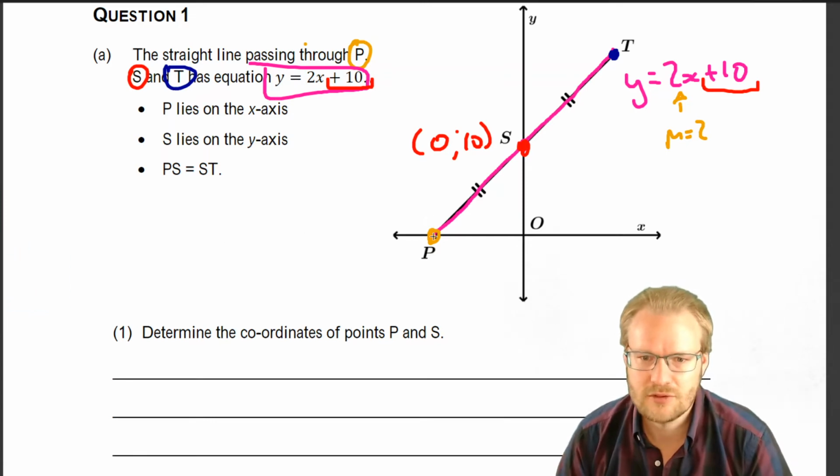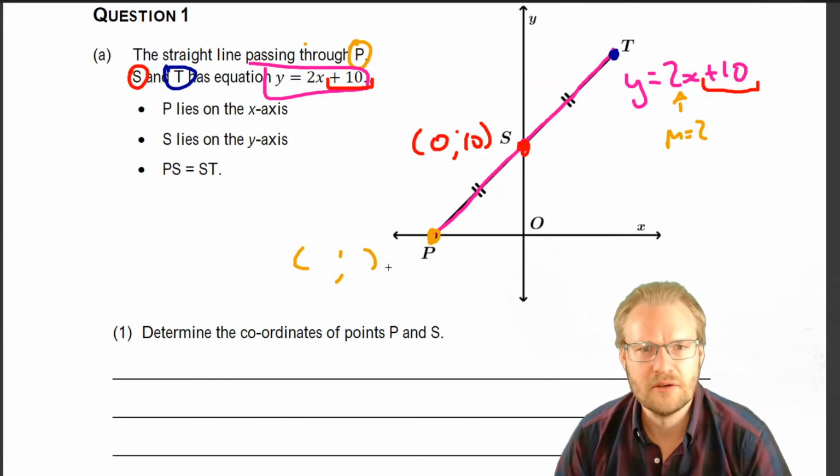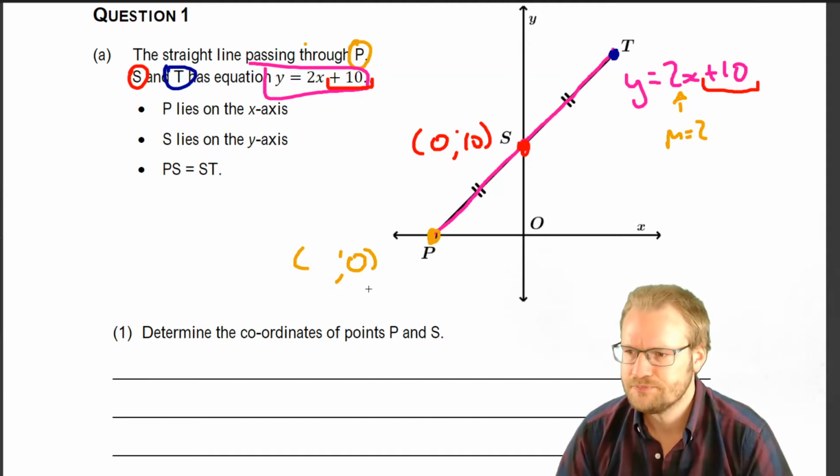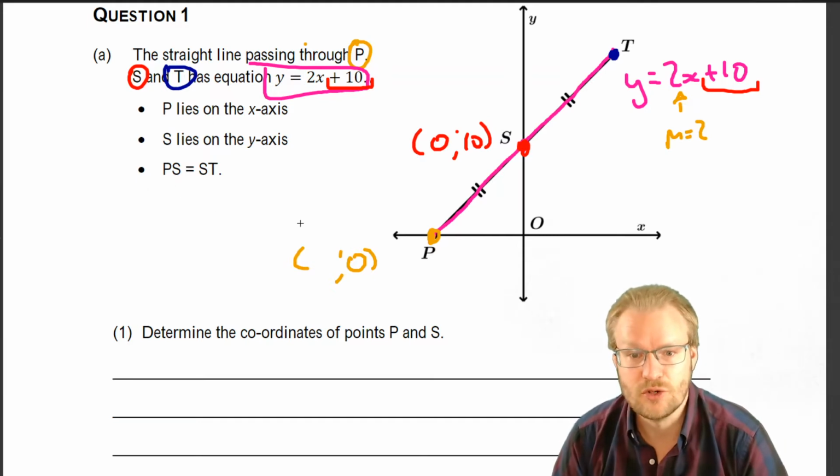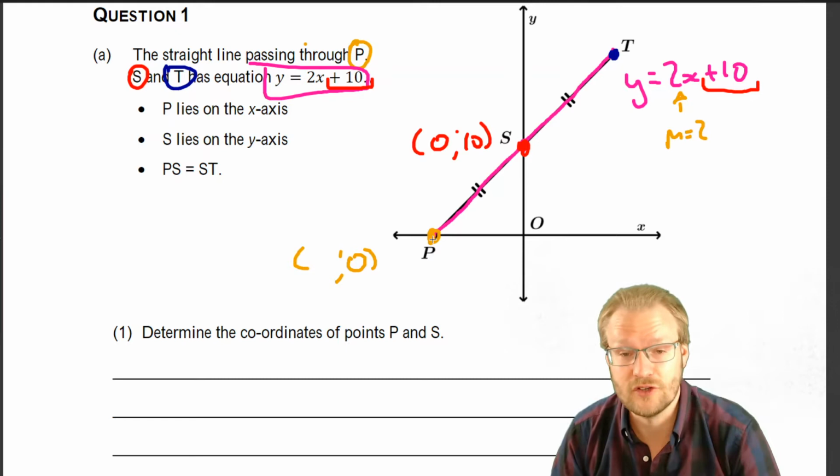For the other points, P, we know its y value is 0, so we could work out what the x value is. There are two distinct ways to work out this x value, well, quite a few.